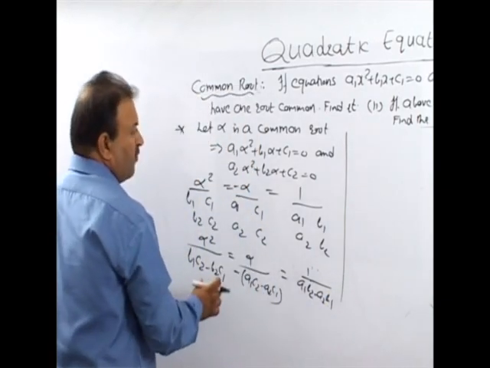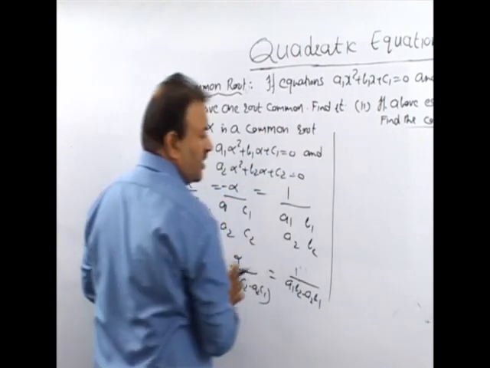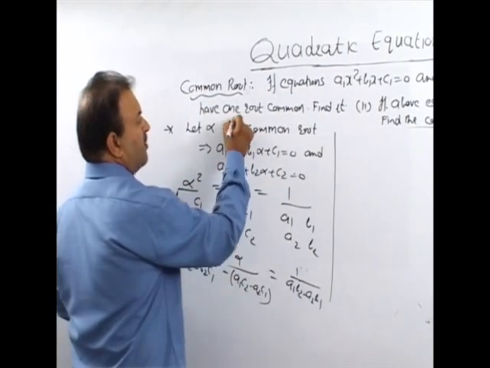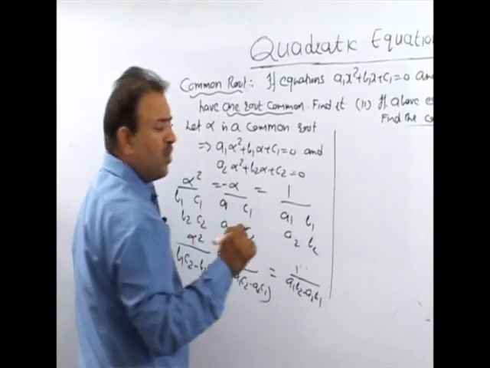solving this relation, first of all the solution of both parts is the same up to here. Now I am doing the first part, I am finding out the common root.